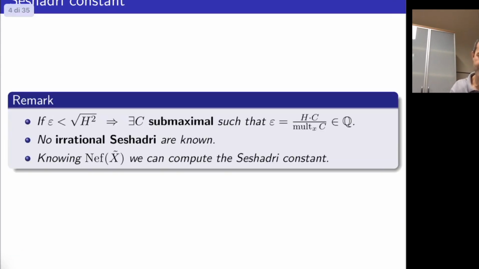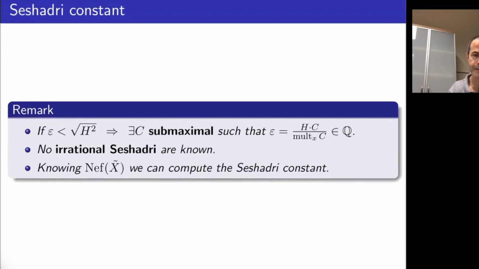What happens when the Seshadri constant is strictly smaller than this bound? In this case, one can prove that there exists a curve, called submaximal, which computes the Seshadri constant. So instead of having an infimum, we have a minimum. In particular, the Seshadri constant is a rational number.